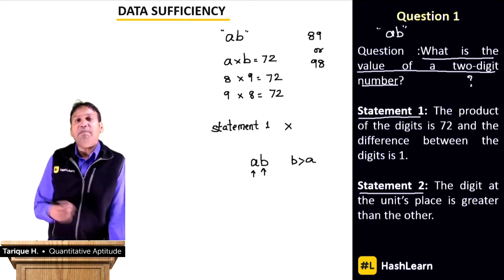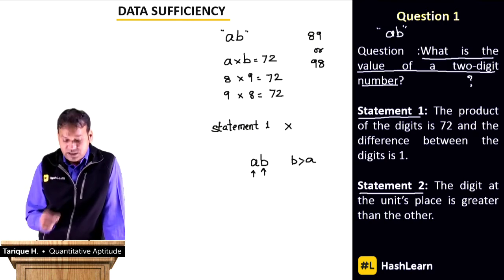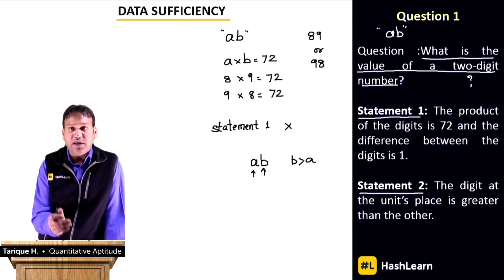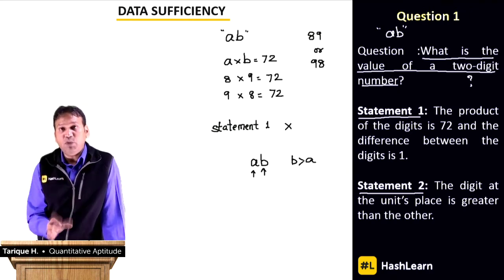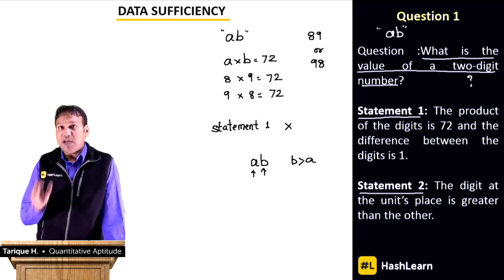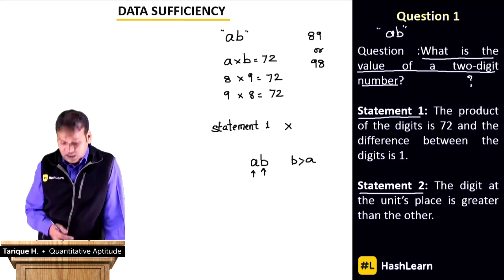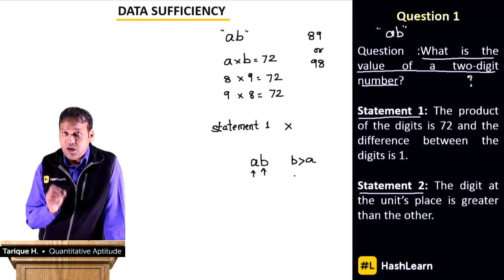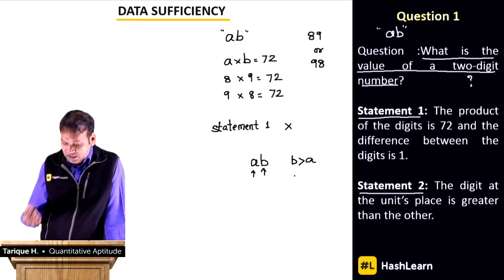And there are so many possible cases where B is greater than A and the number is a 2-digit number. Please remember, don't take the part of the question that you have solved in statement 1 when you approach statement 2. When you start solving from statement 2, start from scratch, otherwise you'll get the wrong answer. If I look at statement 2 alone, it just tells you that B is more than A, and there are many cases.